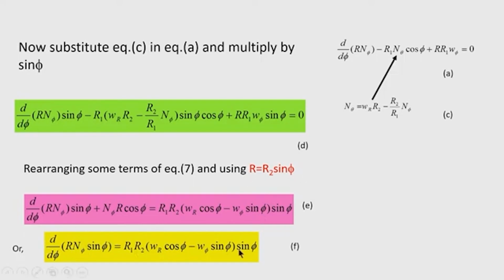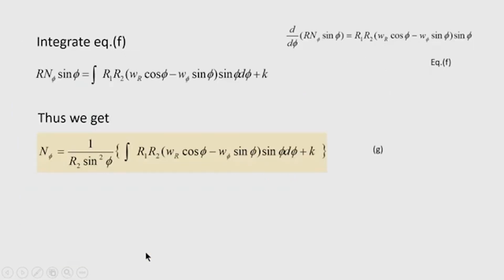So, this equation can be easily integrated, and after integration we get r n phi sin phi equal to the integral of r1 r2 into (w r cos phi minus w phi sin phi) into sin phi d phi plus k. k is a constant of integration.